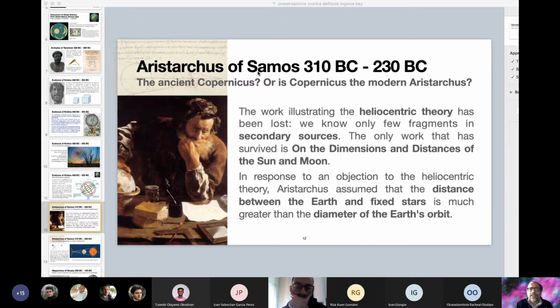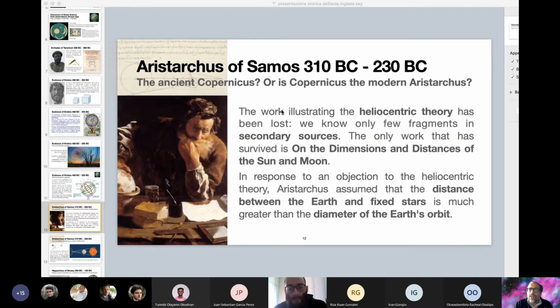Okay, so let's go back to Aristarchus. He is called the ancient Copernicus. This makes me very upset, extremely upset. Okay, because why should we not call Copernicus the modern Aristarchus? Aristarchus was formulating the heliocentric theory.